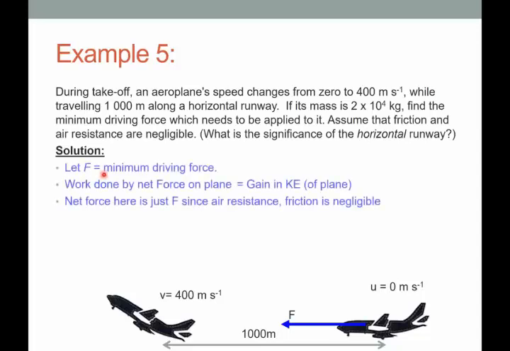The solution: let F be the minimum driving force which is exerted by the engine of the plane. So the work done by the net force on the plane, in this case just the force exerted by the engine, is equal to the gain in the kinetic energy of the plane.